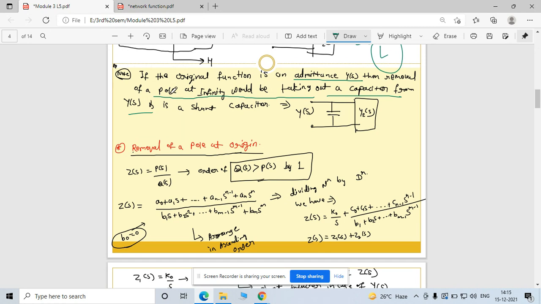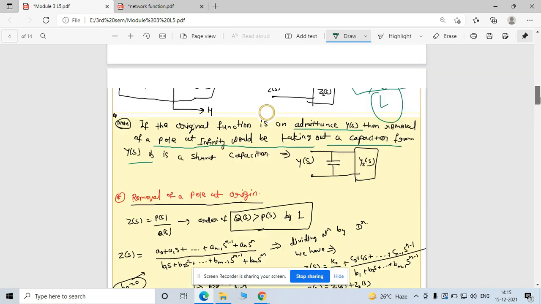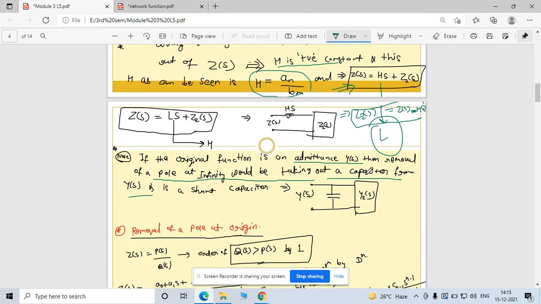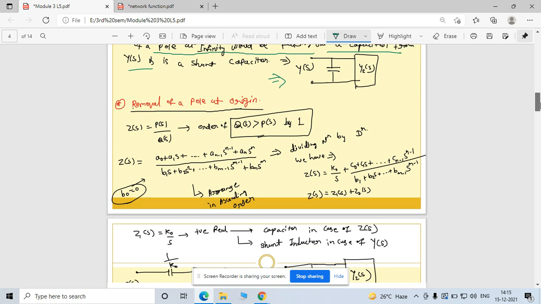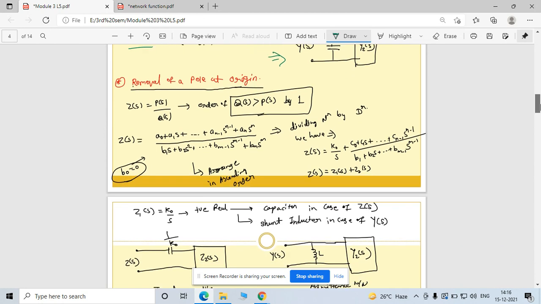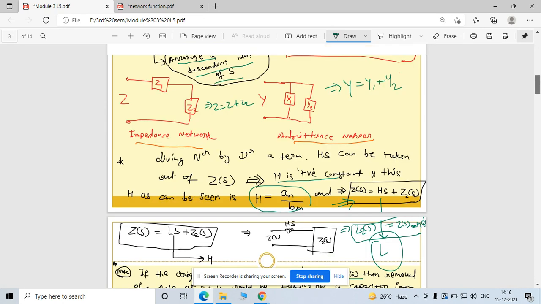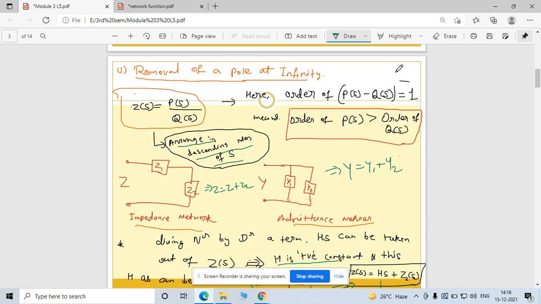So if the function is given in the form of admittance, then the removal of the pole at infinity is represented in terms of a shunt capacitor. So you must remember this circuit while solving a problem, or when you synthesize any circuitry. This is your first method, the removal of pole at infinity.